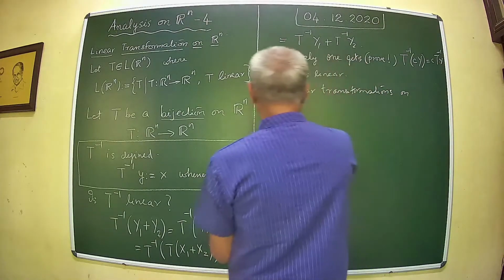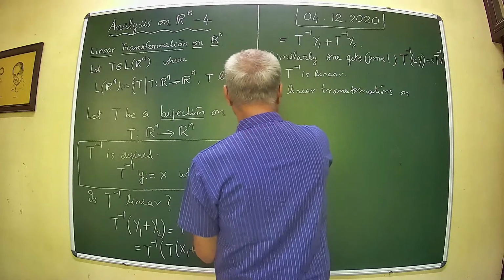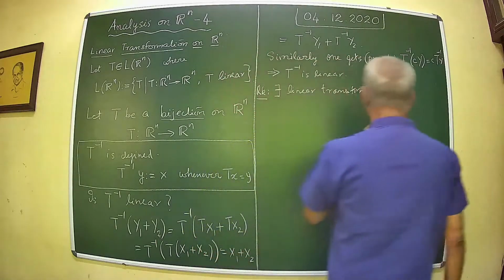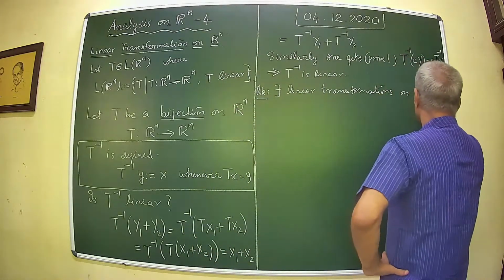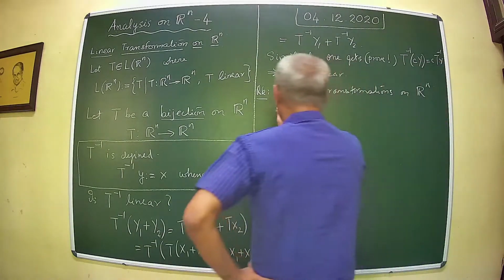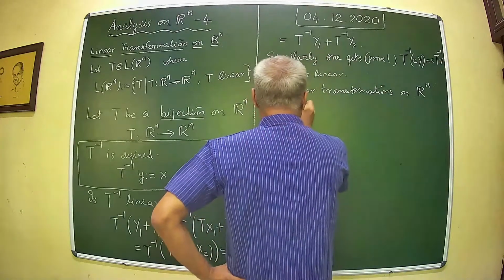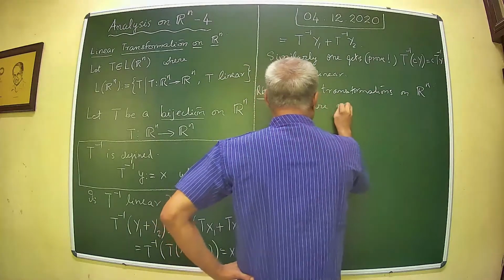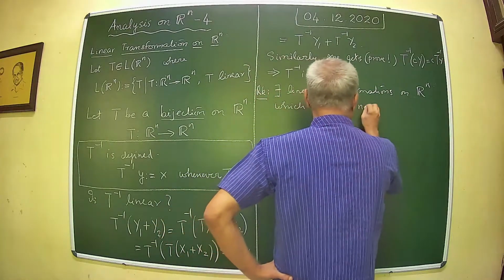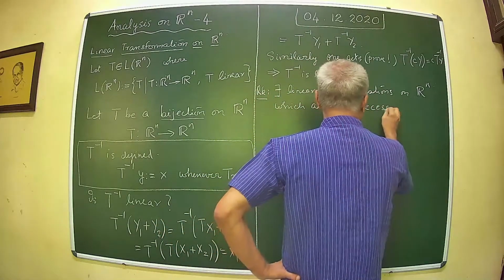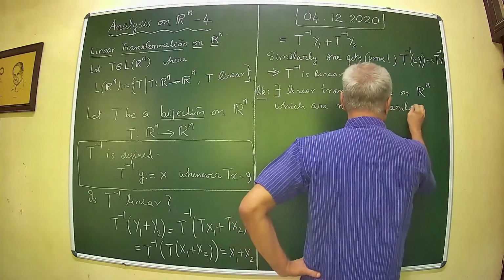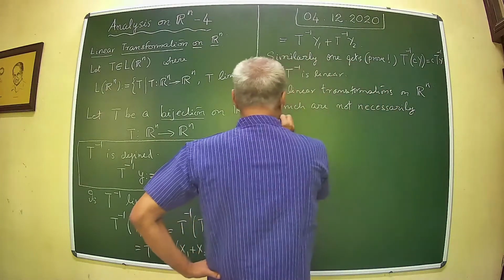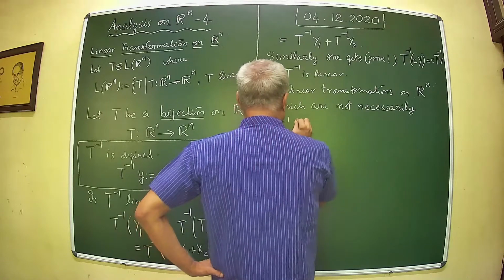I take this as a remark: consider linear transformations on Rn which are not necessarily one-to-one and onto.